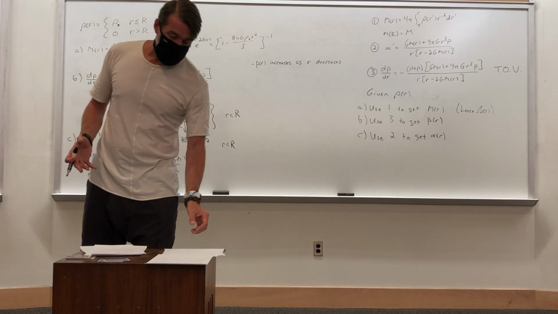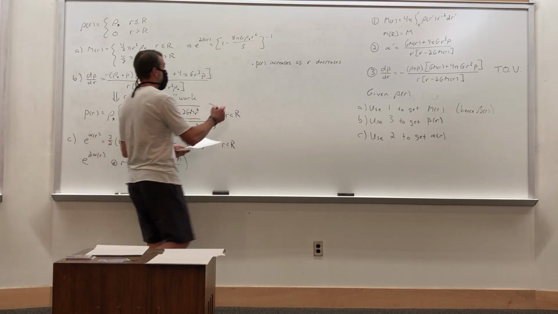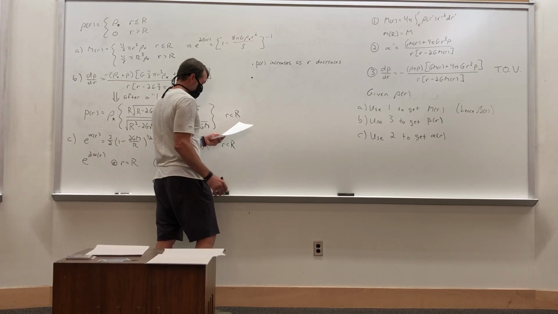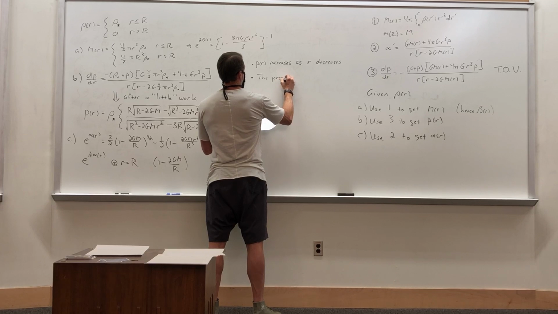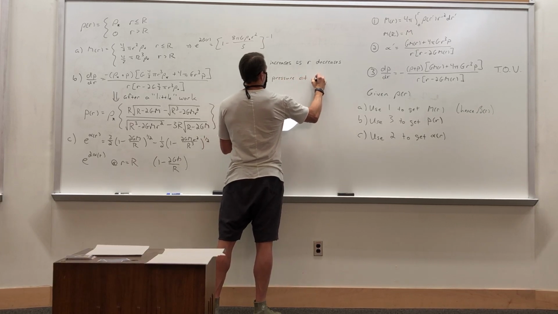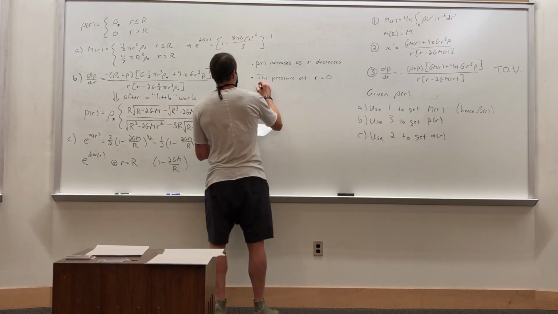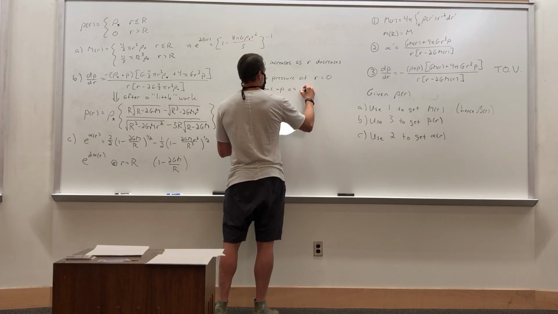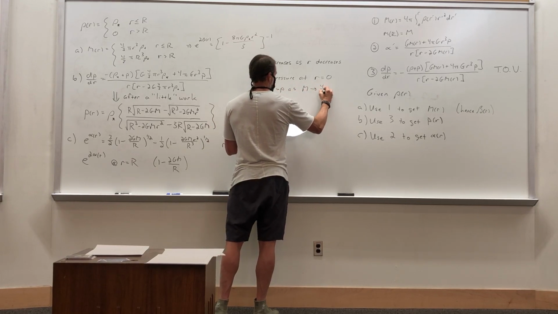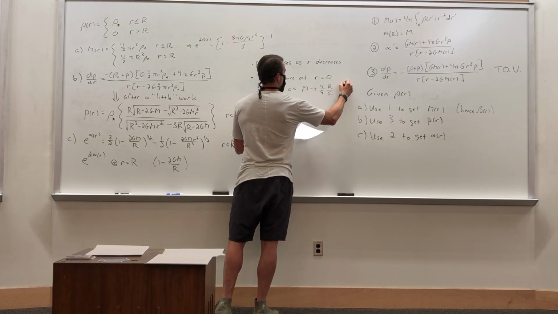Okay? So let me go ahead and point out another important observation. The pressure at the center, r equals 0, blows up if the mass reaches the value 4/9 R over G from below.